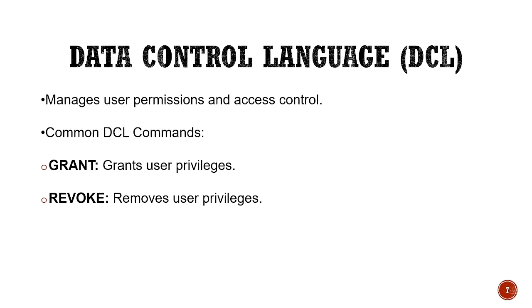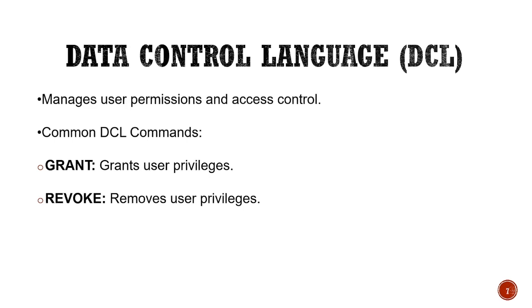There are two types of commands, grant and revoke. Whenever you want to grant any permission to another user, at that time you can use grant, and the exact opposite is revoke. Whenever you want to remove the permission of another user, at that time we can use revoke.